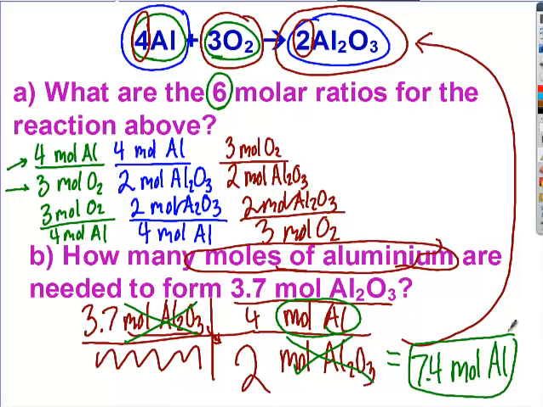And there you go. And there's your reaction. So, if I had 3.7 moles of aluminum oxide in a bag, and I'm like, how did I get that? I needed 7.4 moles of aluminum to get there.